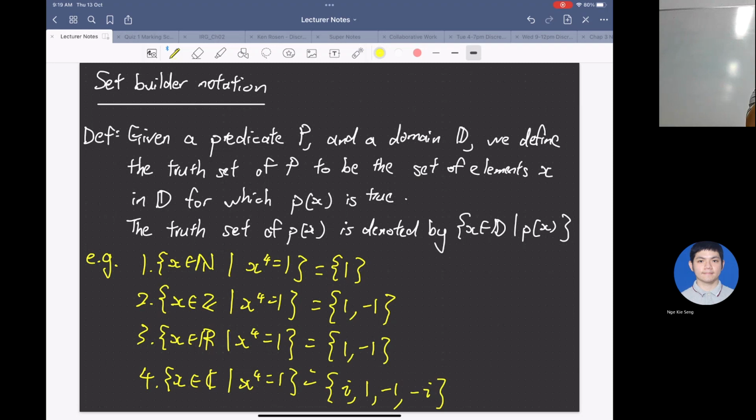So if you change the domain, your set might be different. So it's very important that you state your domain.